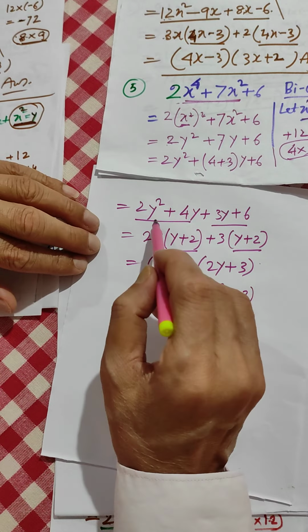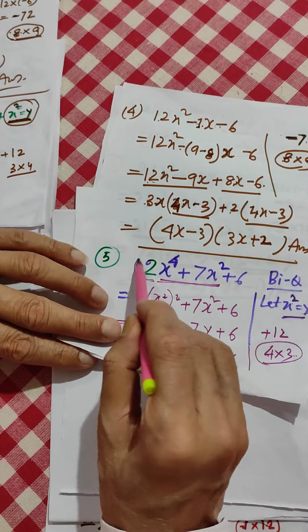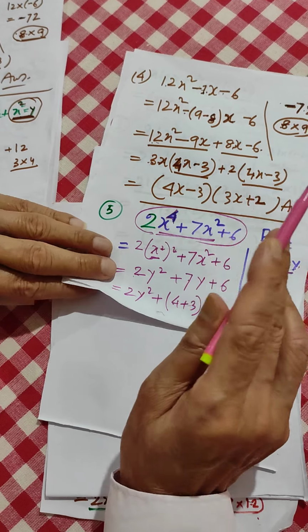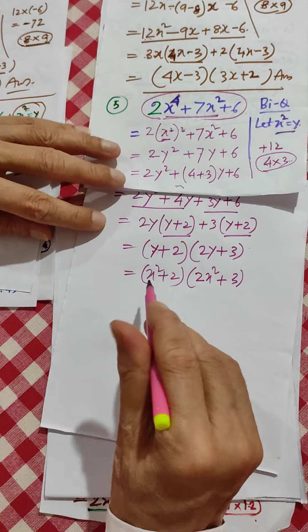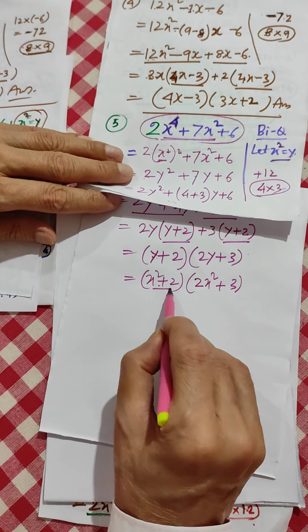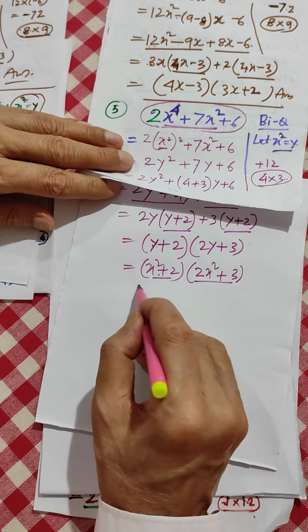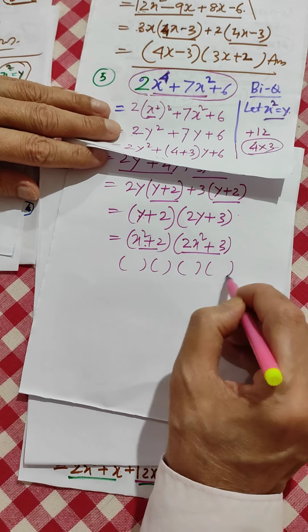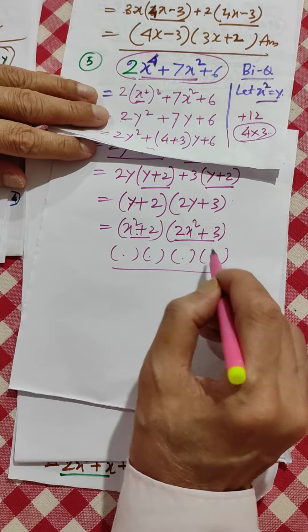Okay. Now this was a biquadratic polynomial. So by rule we should get 4 factors because here the highest degree is 4. So there should be 4 factors. Now this is a quadratic polynomial, and this is a quadratic polynomial. Now we can factorize each to get 2 factors. So finally we will get 1, 2, 3, 4 factors.